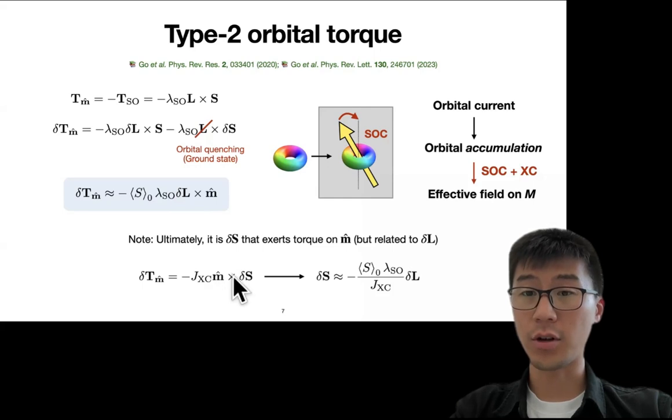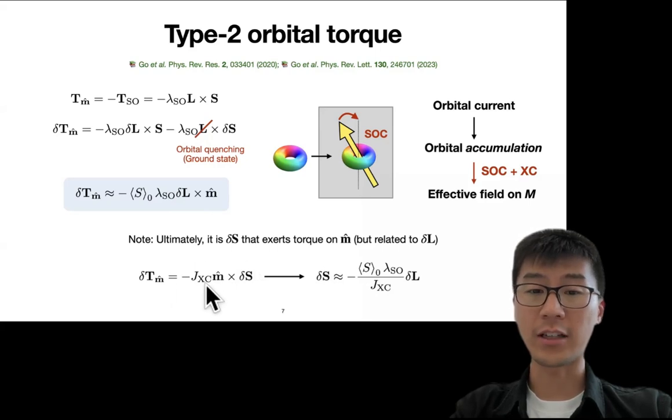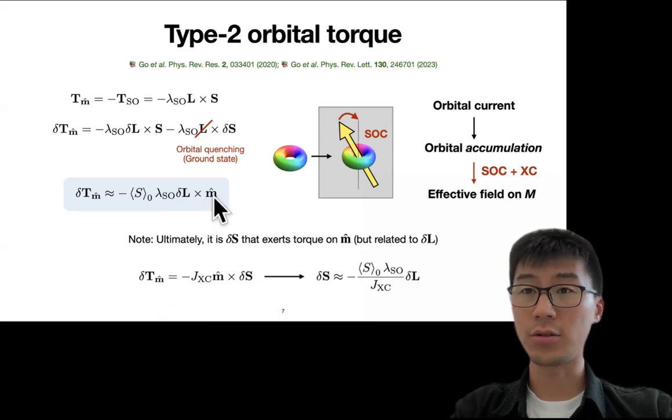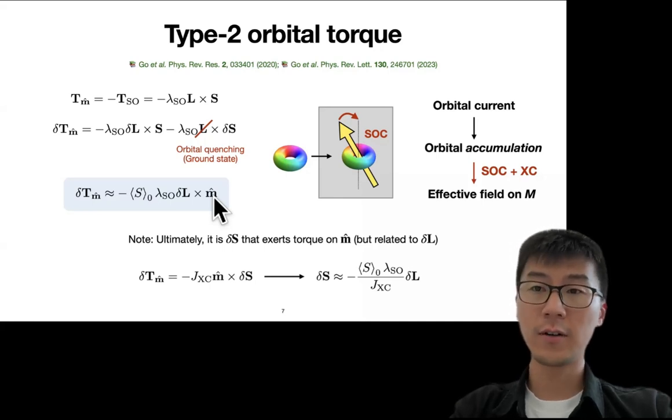So therefore, we come to the conclusion that the induced spin and induced orbital angular momentum are related in the following way. So you can understand the torque either in terms of spin accumulation, coupling to M by exchange interaction, or in terms of orbital accumulation, coupling to M through spin-orbit interaction. And these two are describing exactly the same physical situation, but simply looked at from two different angles.